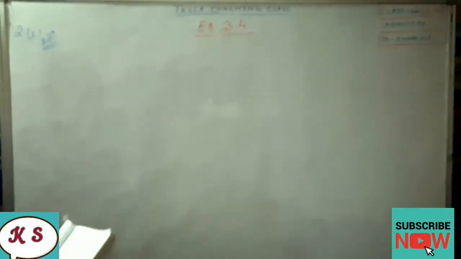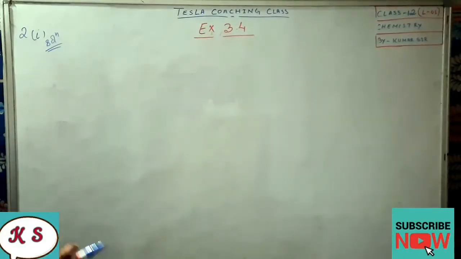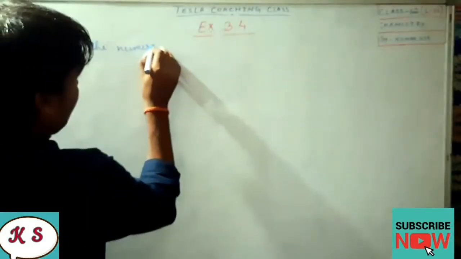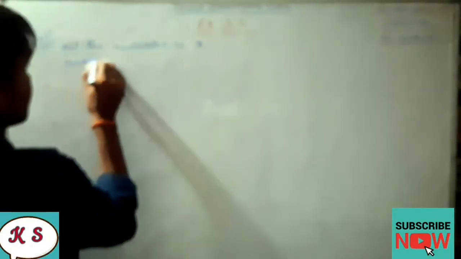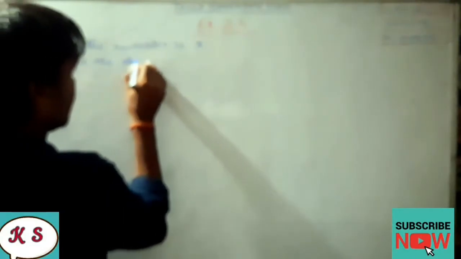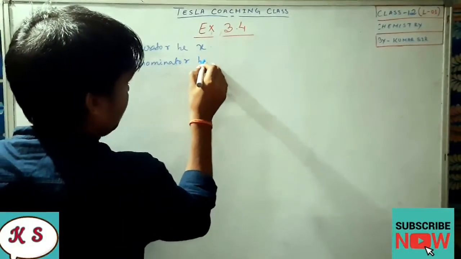What is the fraction? In a fraction, you know very well there is a numerator and a denominator. We don't know that numerator and denominator, so what will we be doing? We will assume, let the numerator be x and the denominator be y.